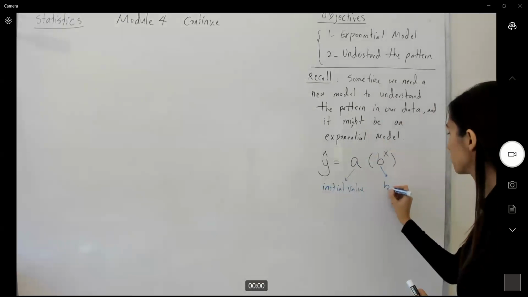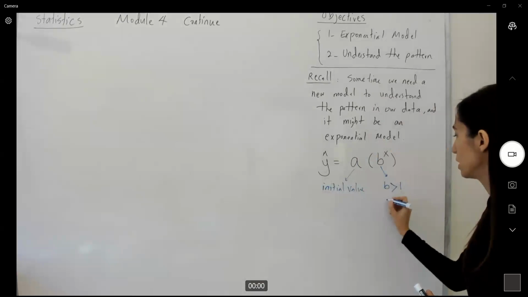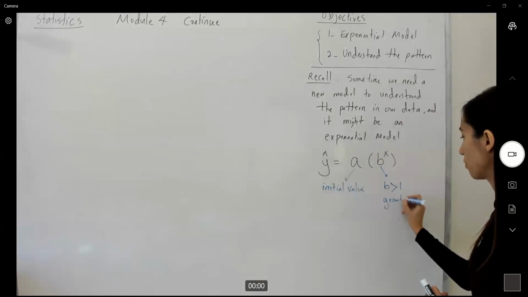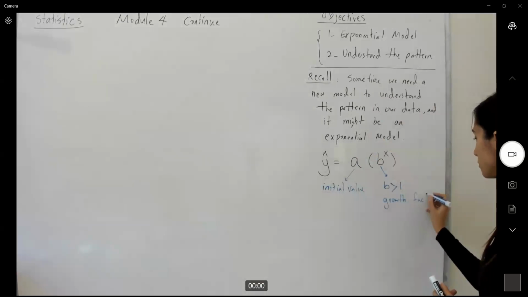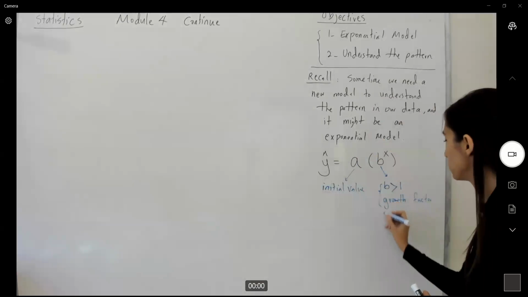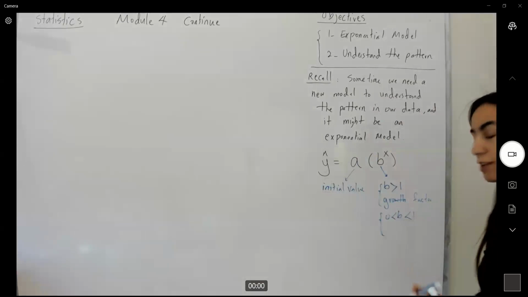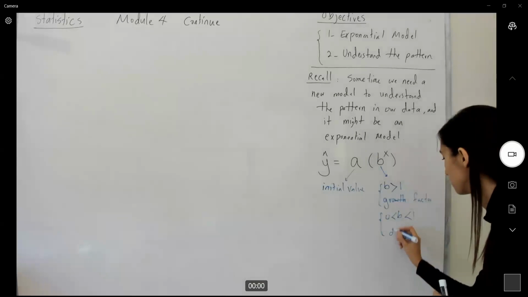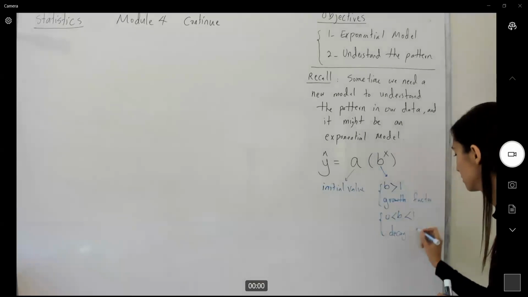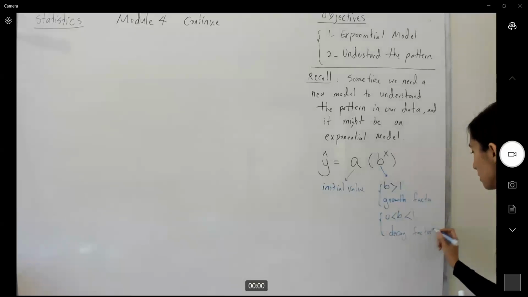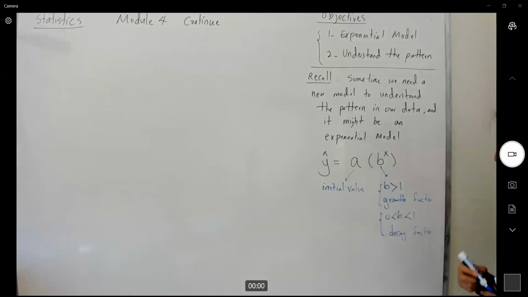If B is greater than 1, we have a growth factor. If B is in between 0 and 1, we have a decay factor. Last time we saw a model with a decay factor.